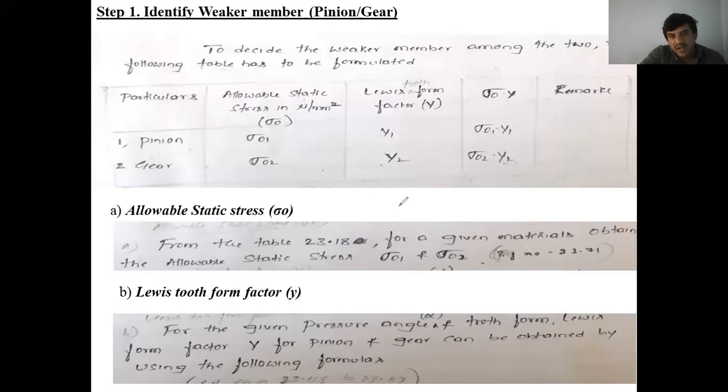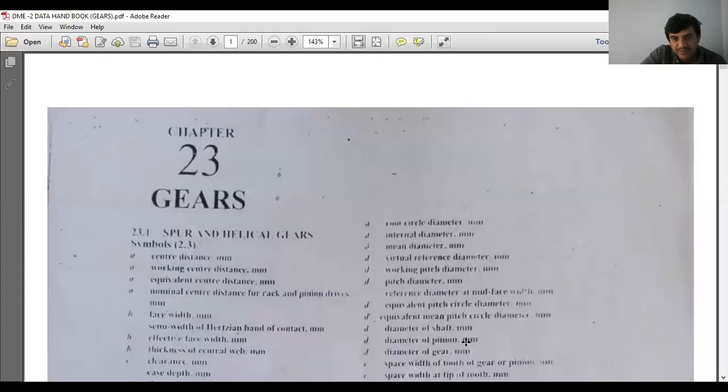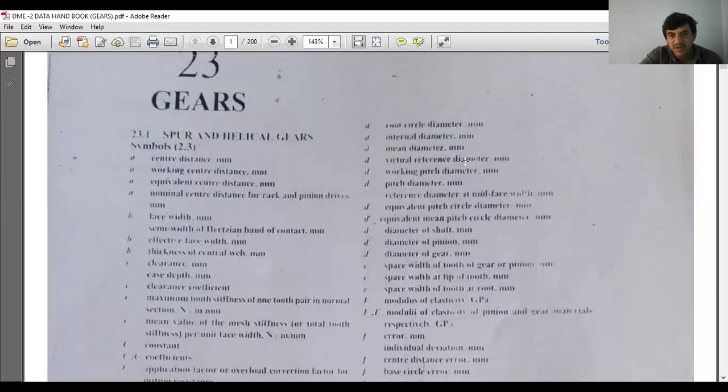Yeah. Now, how do you calculate the Lewis tooth form factor? By referring to the equation number 23.1152, 23.117. Okay. Then directly I go to the data handbook. Now, how to take those data? Okay. So first I want to take the allowable static stress. What is the table number?